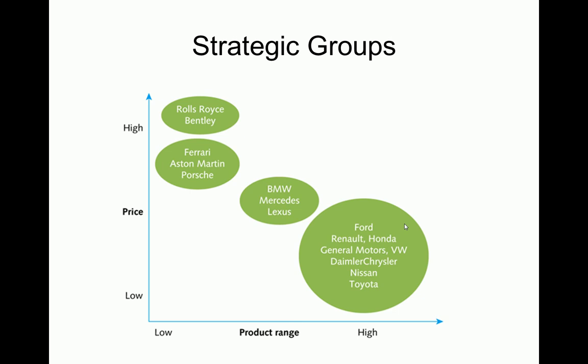Rolls-Royce and Bentley have very narrow product ranges, but they sell their cars at a very high price. The conditions for the strategic group containing Rolls-Royce and Bentley are very different to the conditions under which Ford and the rest of that strategic group operate. So an analysis of the automotive industry would treat them as different strategic groups.